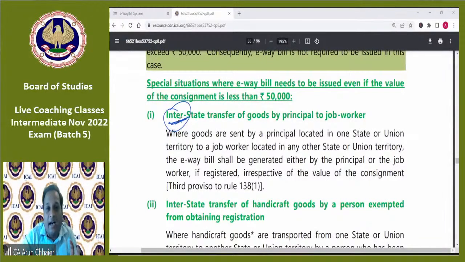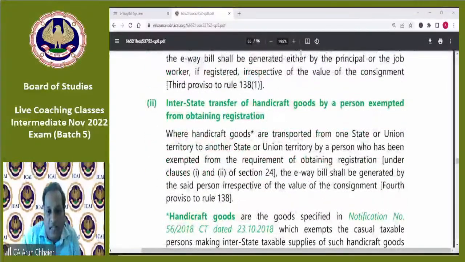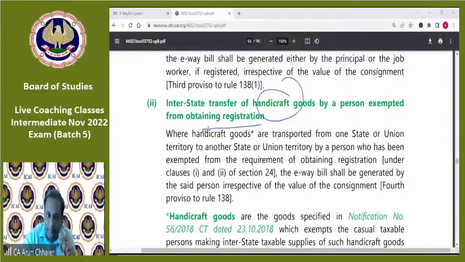If it is asked when the e-way bill is necessary to be generated: interstate transfer of the goods by the principal to the job worker, and second, interstate transfer of handicraft goods by a person exempt from obtaining the registration.